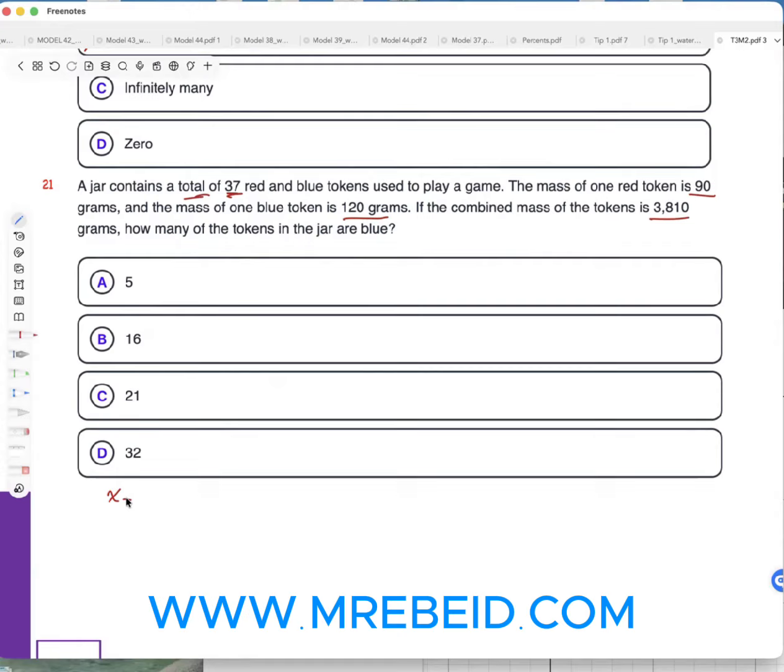The first one for the total, x for the red and y for the blue. So x plus y equals 37. And the mass of one red is 90, so 90x plus 120y equals the total.